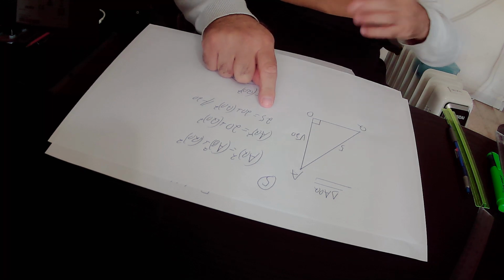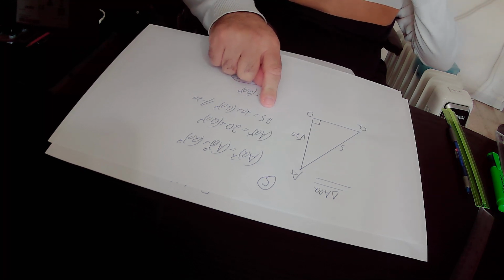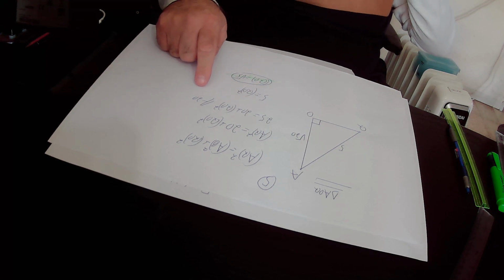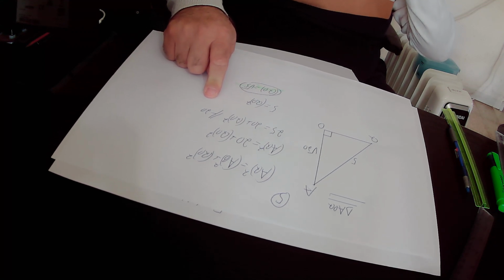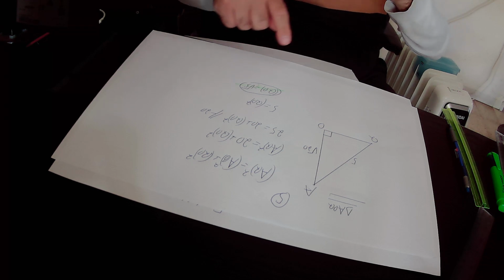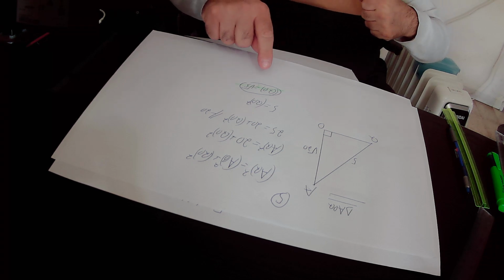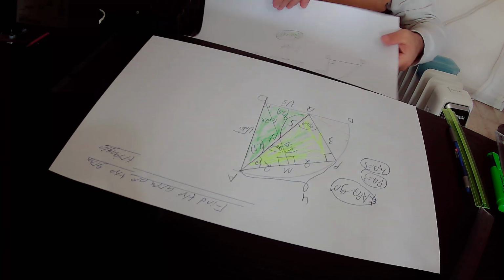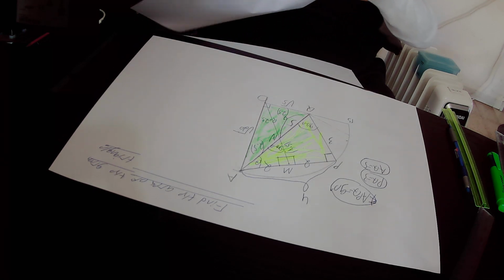AQ is 5, therefore AQ square is 25, and it is equal to 20 plus QO square. Here we subtracted 20 from this equation and found that 25 minus 20 is 5, so 5 equals QO square. We took the square root and found that QO equals the square root of 5 units.